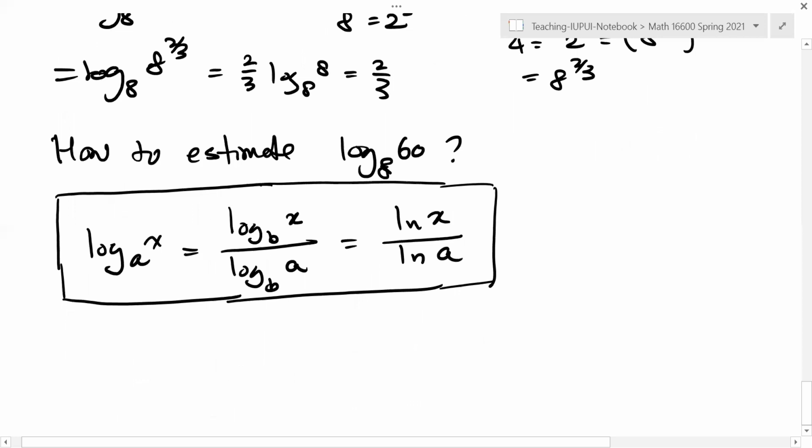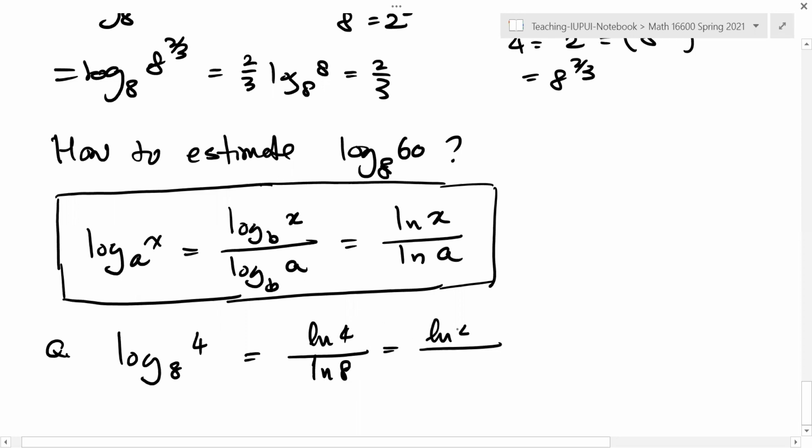Okay, so once you accept this formula, then it's much easier to estimate this, to even calculate this one. Why? Because this is going to be natural log of 4 over natural log of 8, right? Well, 4 is 2 squared. 8 is 2 cubed.